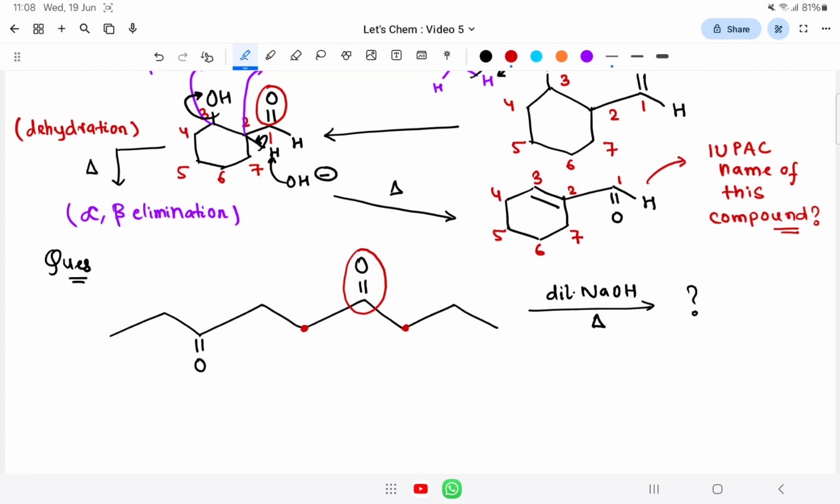What I'm saying is this is also alpha carbon and this is also alpha carbon. So considering that this will attack this carbonyl brings out a case for me, which is case 1. And considering that this attacks here is case 2 for me.